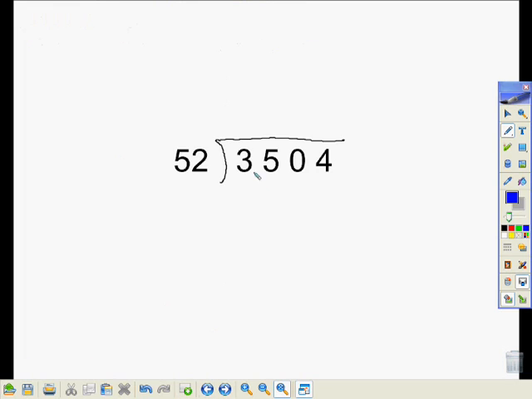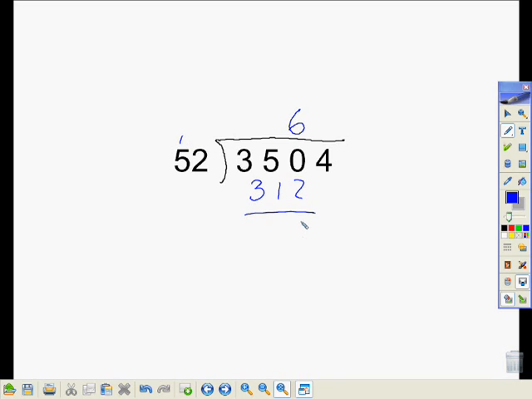Now just a review of long division, usually what we would look at here, we would see, well, can 52 go into 3? No. Can it go into 35? No. And then we would look maybe at the 350. We consider the 52. It's almost 50, so I might say, well, maybe about 7 times, but not quite, so I'd use a 6 there.